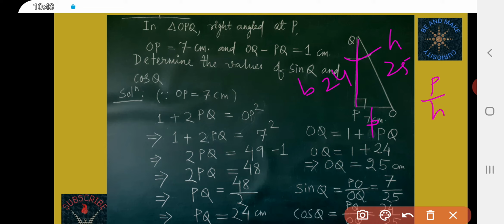Okay, so here sin Q is equal to P by H, OP by OQ, that is 7 by 25.